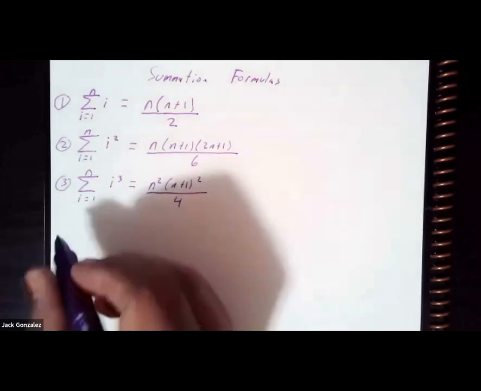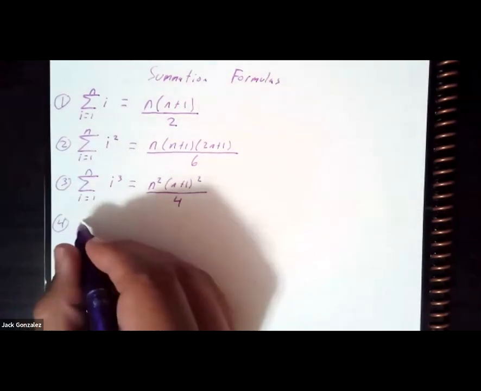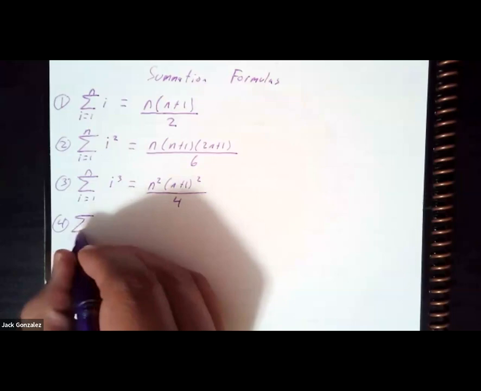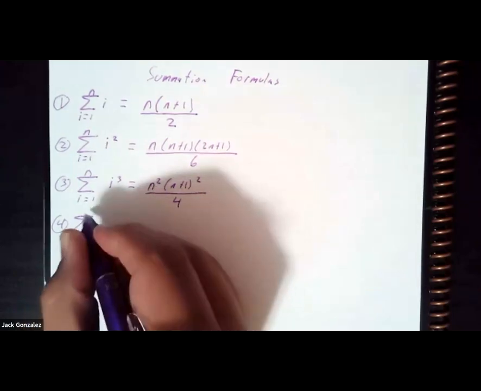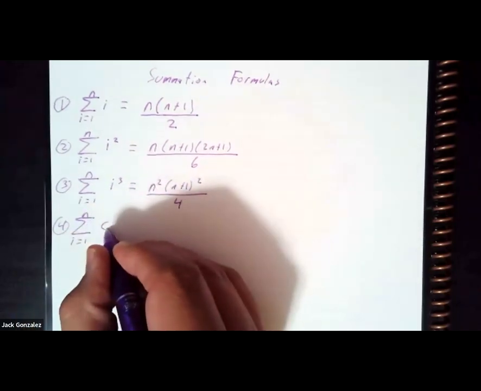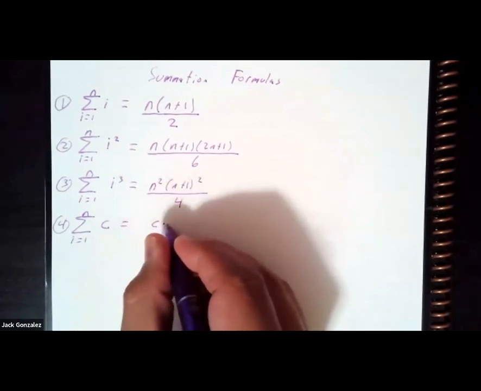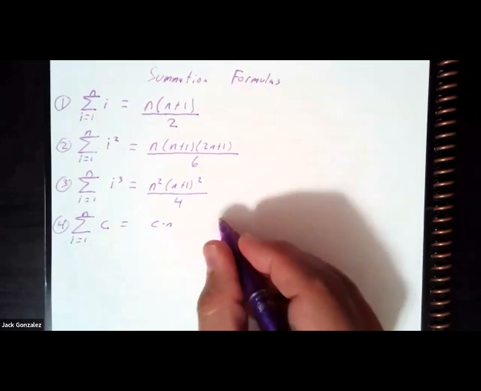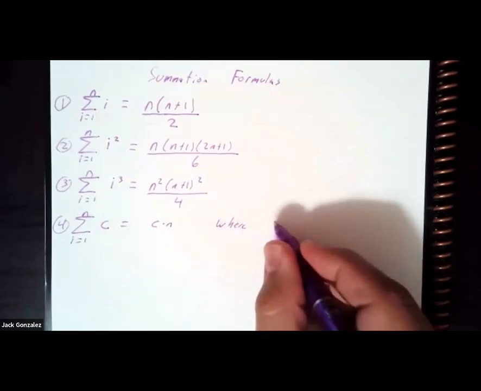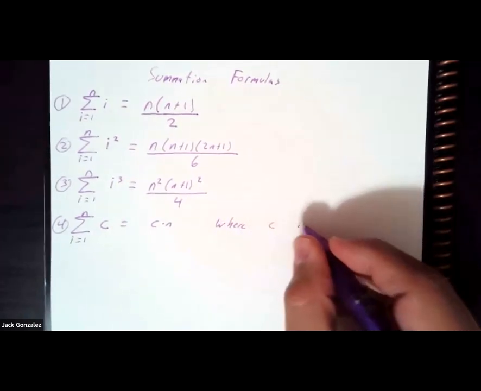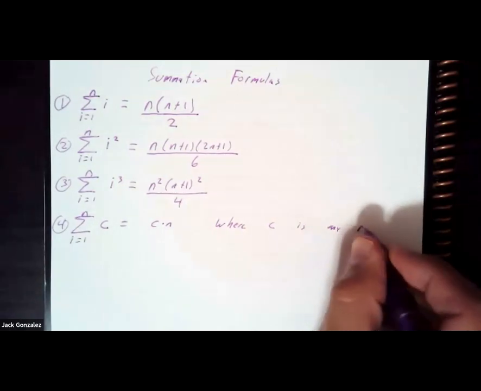And then the easiest one, if you're going to sum any constant n times, so some number c, then it's just going to be c times n, where c is any real number.